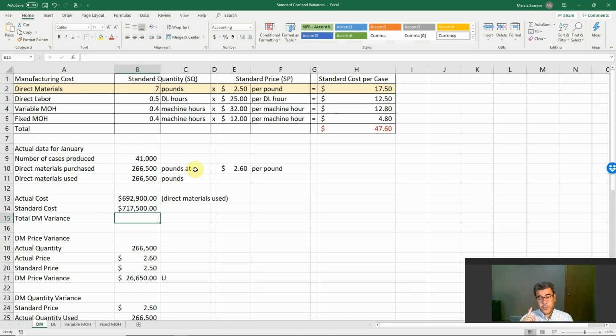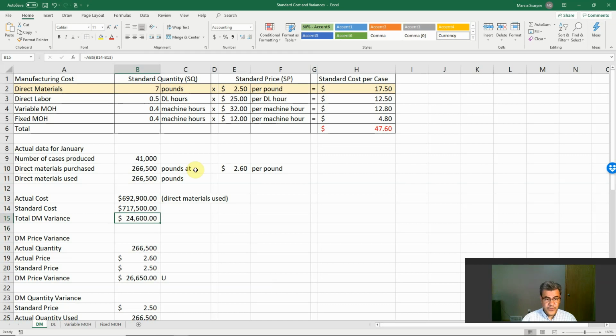Direct materials variance. Remember, with variance we never use positive and negative numbers. We work with absolute numbers and then favorable or unfavorable variance. So absolute number, ABS, standard less actual or actual less standard, it doesn't matter. So our total variance will be $24.6 thousand.